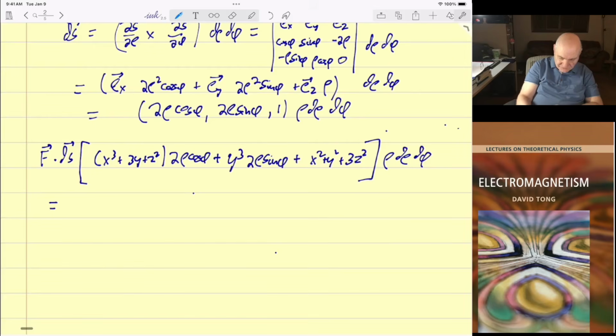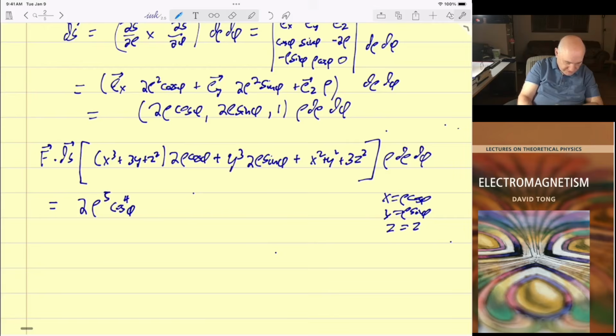Now we substitute our usual x equals rho cosine phi, y equals rho sine phi, z equals z. And this whole thing is going to multiply out. It starts looking ugly, but it's not going to be that bad.